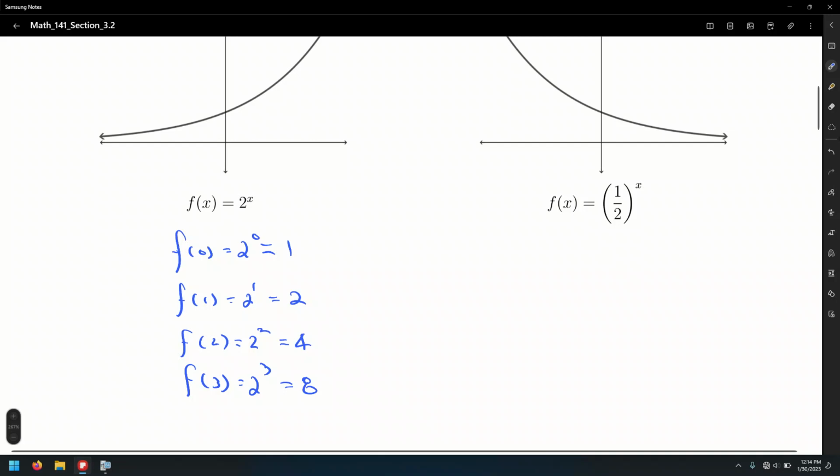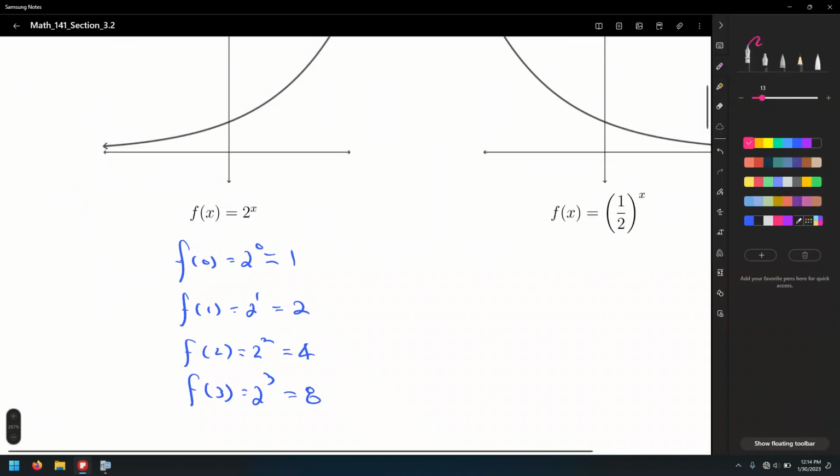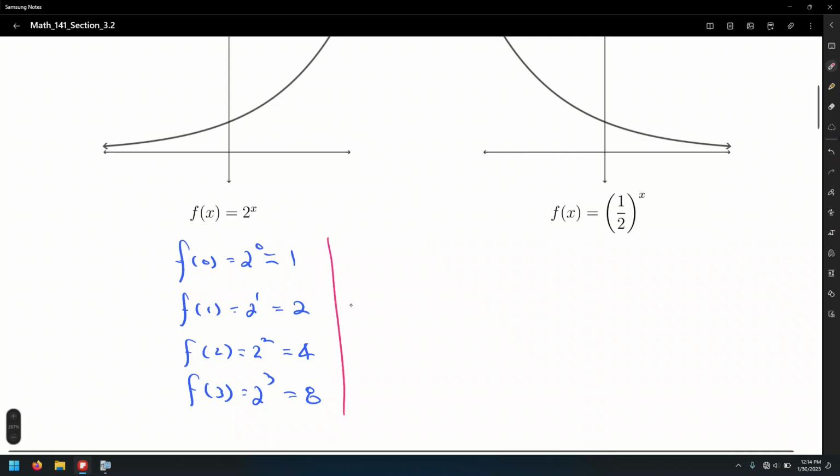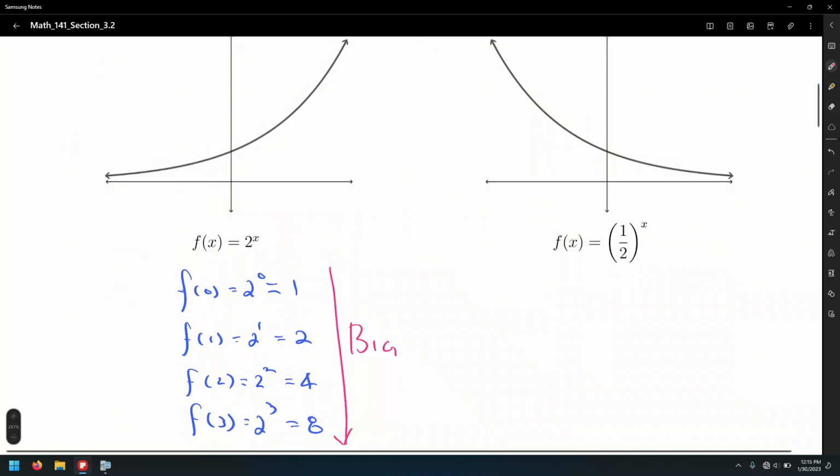Notice how these numbers get bigger for larger values of x. And we can see that from the graph right here. Let me just make an estimate: 0 gives 1, 1 gives 2, 2 gives 4, maybe here.